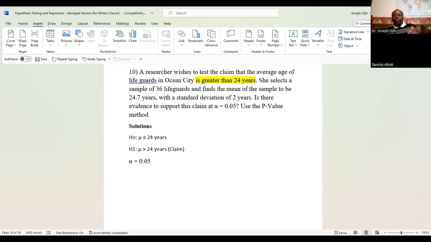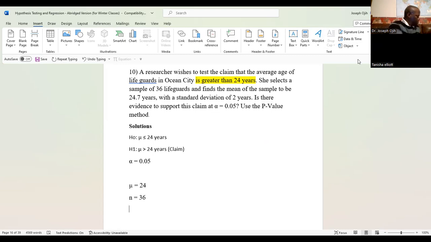So now we don't need a critical value because the p-value is what we are looking for. So what you're gonna do now is write out the summary statistics. We have mean is 24 years, and they selected a sample of n equals 36 lifeguards. I found the mean of that one, which is X bar.